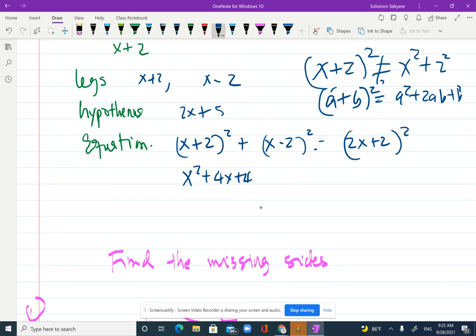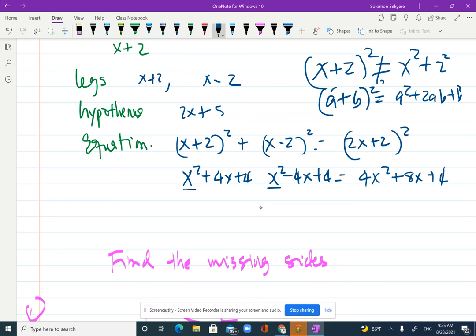And I can expand this too. This would be x squared minus 4x plus 4. And the hypotenuse squared is 4x squared plus 8x plus 4. Then I can group my like terms, simplify it, and solve it.